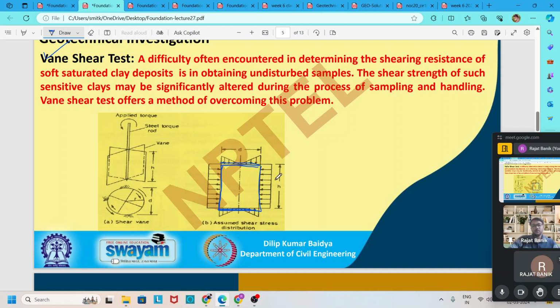So if we use the complete four-side system to find out the shear resistance, there is one formula. If we use only this side and this side, and do not include the upper side, then there is another formula.